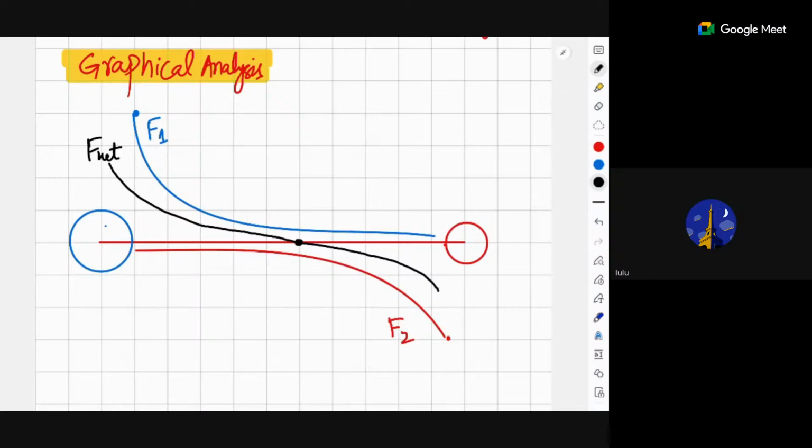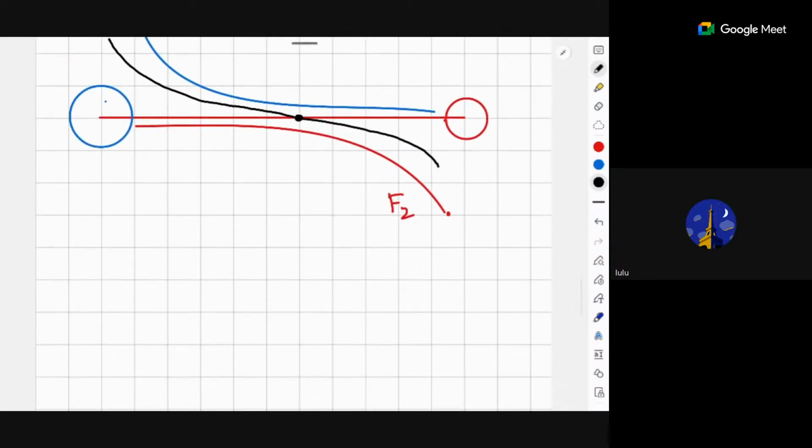I will just link one more topic with this one, and then you will see that the two things can be calculated directly from this. One more issue, that is the gravitational field strength.